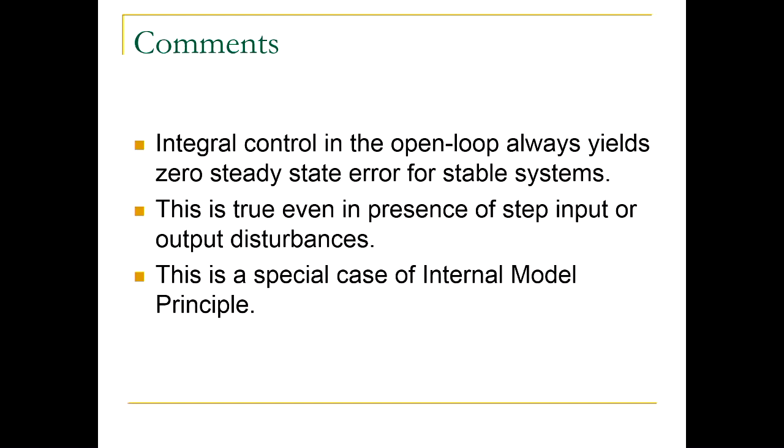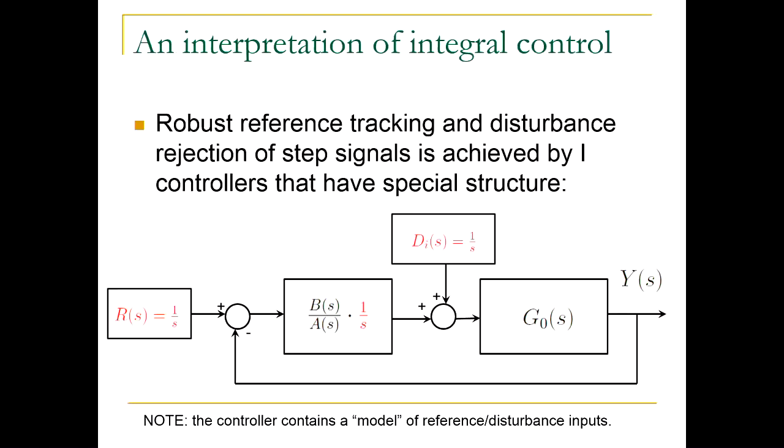I want you to think about integral control in the following way. Note, what I'm doing now is something which we never did before. I'm using my notation. Usually an arrow represents a signal, and R is a reference, which is a signal.